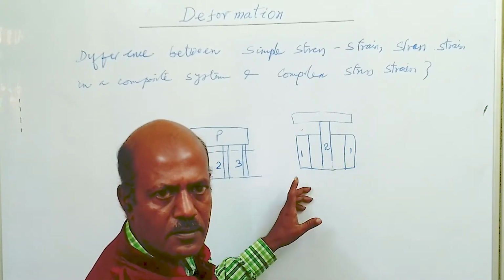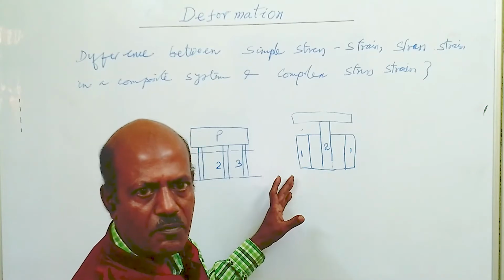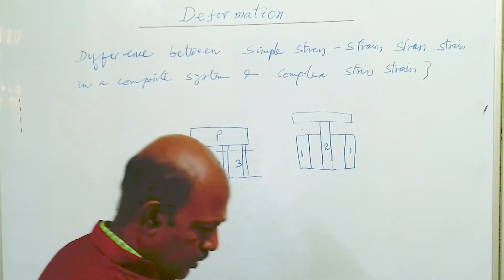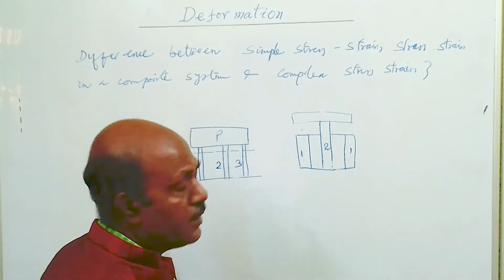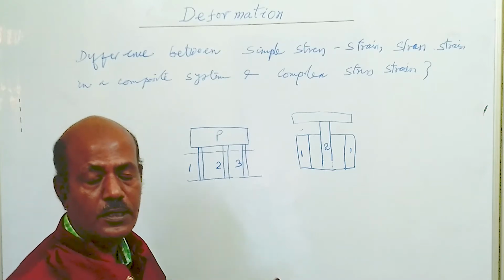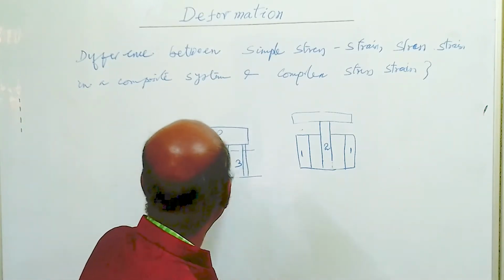So the load is shared by both the members, and the strain produced will be different in this case. These cases will be discussed in the composite system. So the main idea is, if the load is taken by more than one member, then that is a composite system.